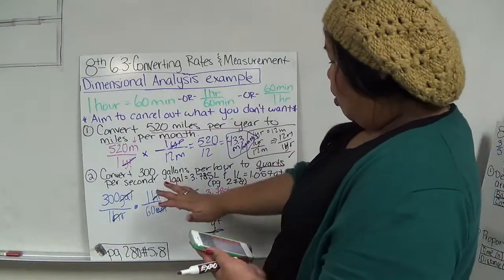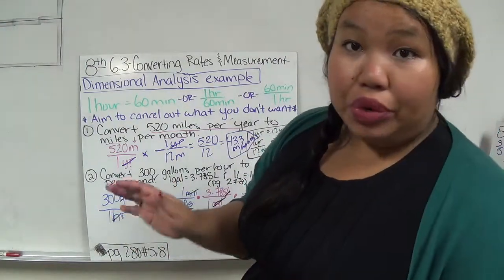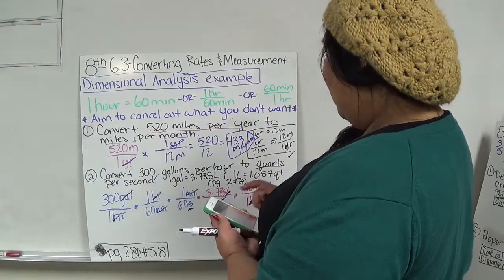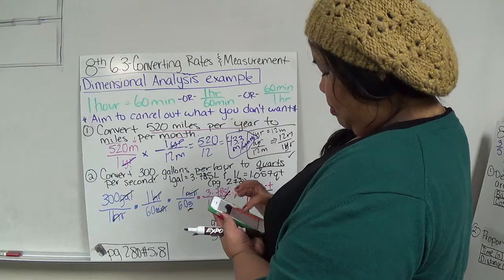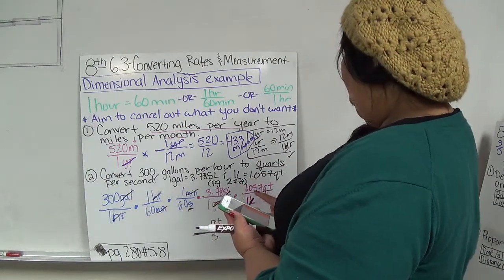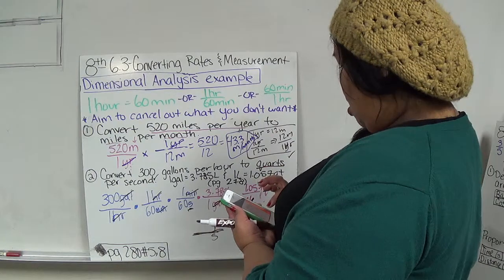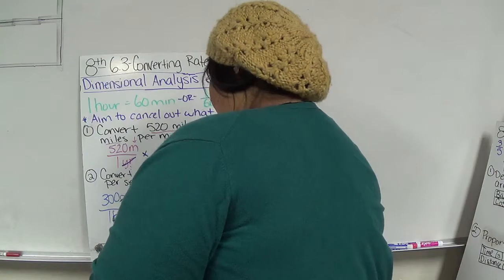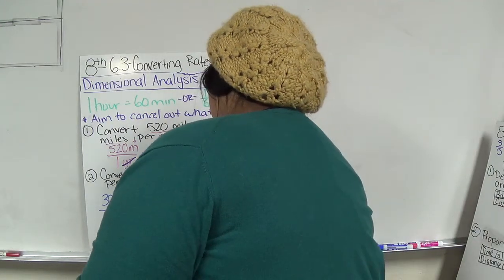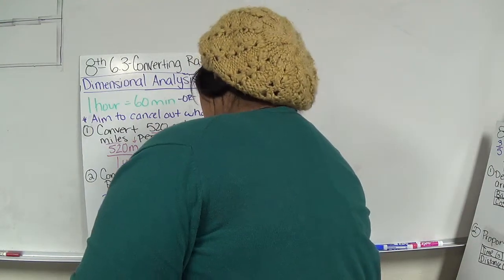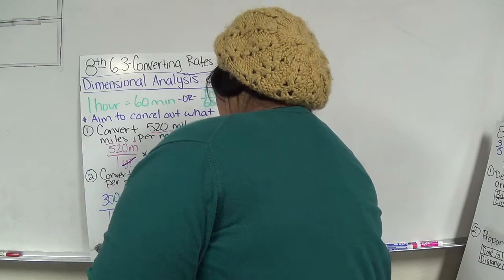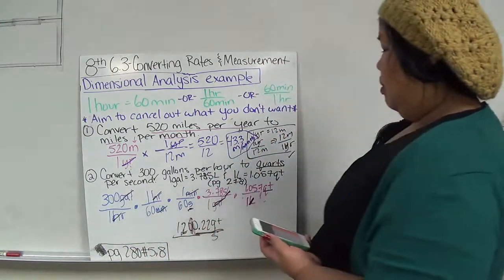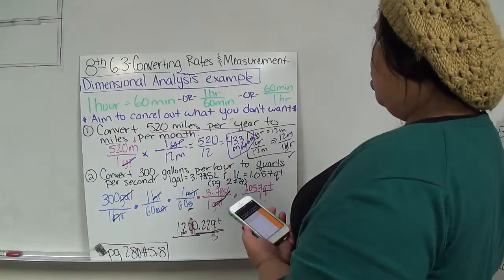Okay? So we do 300. Now, if I set it up correctly so everything cancels out, all I have to do is multiply and reduce and we're done. So 300 times 3.785 times 1.057 gives me, well, this is a big number, 1,200.22. Okay, we'll keep it at 2 decimal places. 1,200.22 quarts.